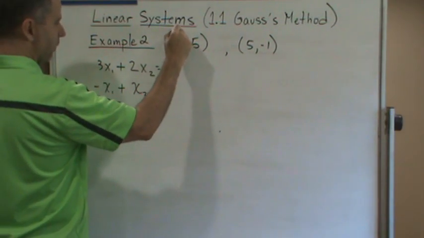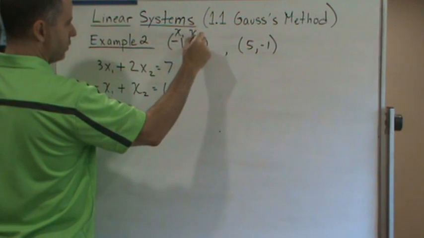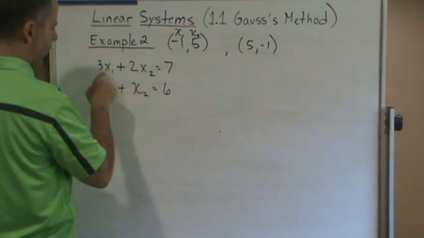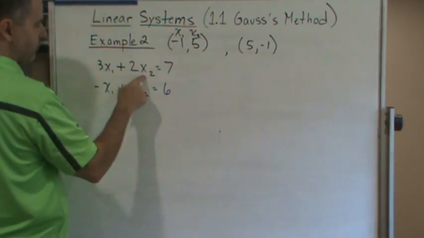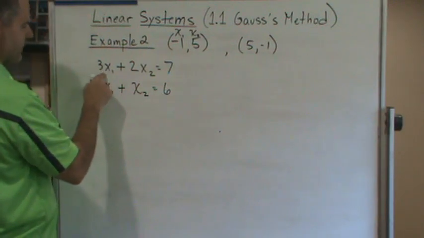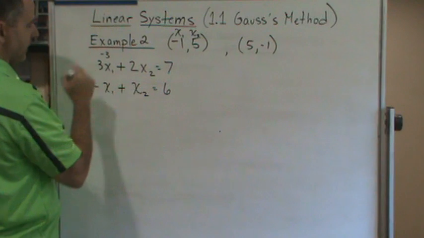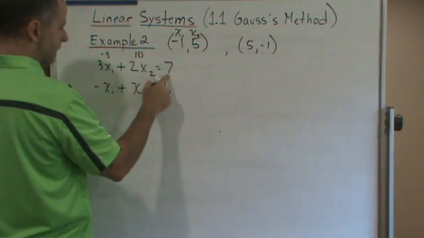So this is going to be for the x, right? This is going to be x1, this is going to be x2, so it always goes in increasing order. If we substitute -1 for x1 and positive 5 for x2, in this case here, what do we get? We get 3 times -1, which is -3, plus 2 times 5, which is 10, we get 7.